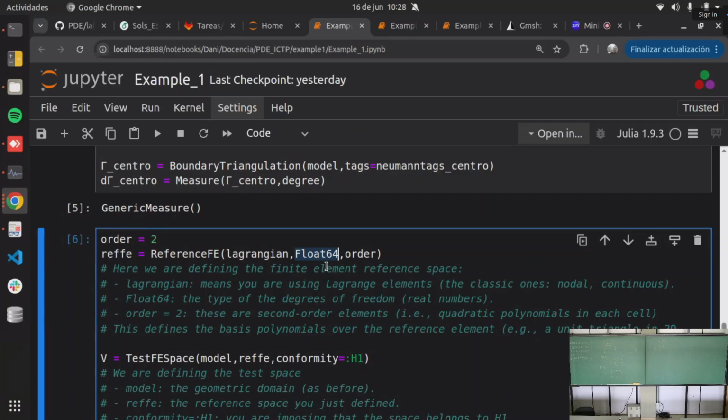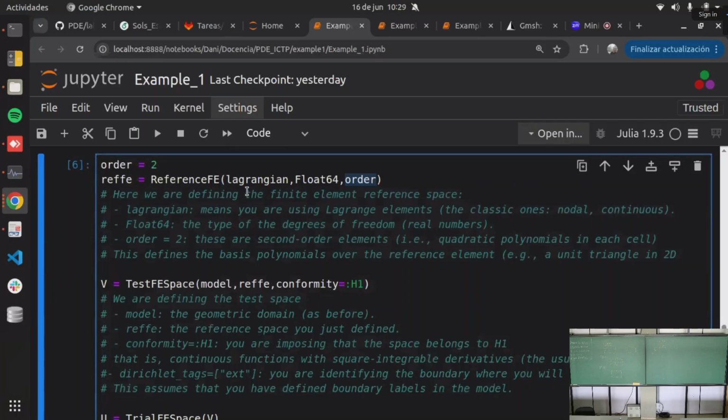We can change these, not in this case, but the library could perform vectorial space, complex space, and also tensorial space. And here we are using second order elements. It's quadratic polynomials in its cells. So here we are defining the basis polynomials for our elements.